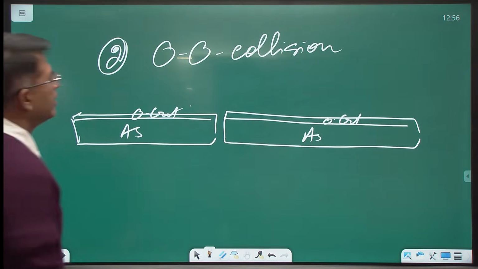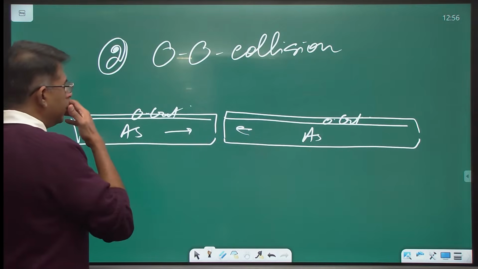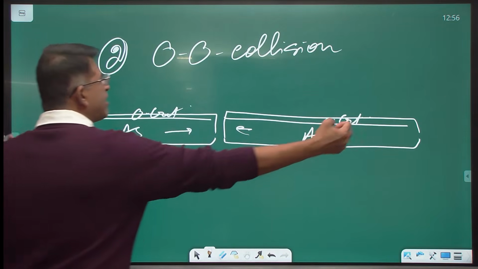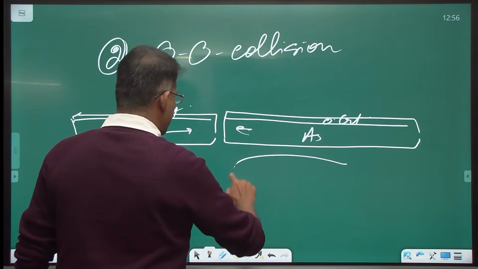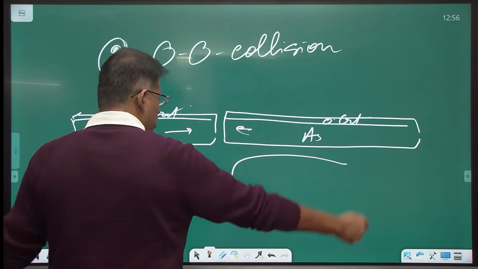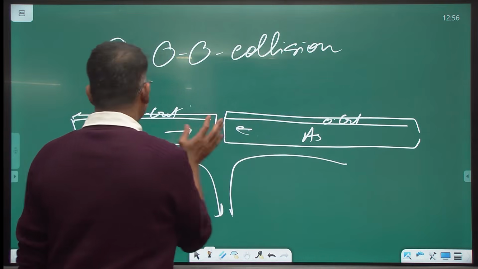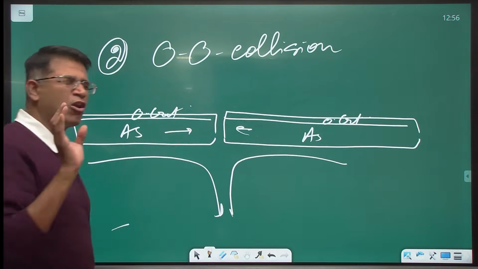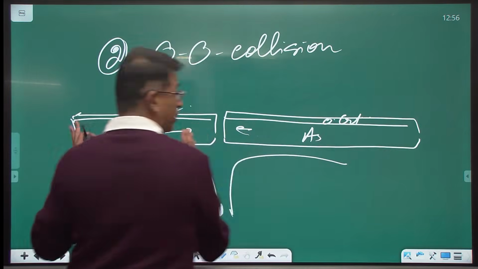ठीक है? So when they collide because something is pulling them, we call those convection currents. There are some motions in the mantle that pull them. When they collide, one of them, because both pieces cannot be perfectly the same, एक बड़ा होगा, एक छोटा होगा.